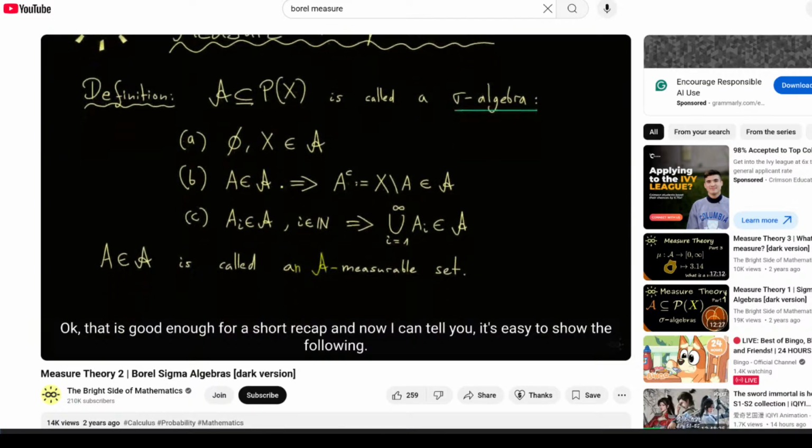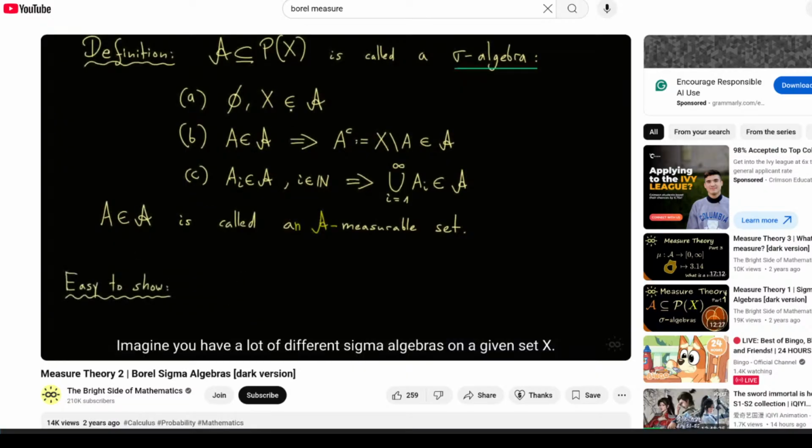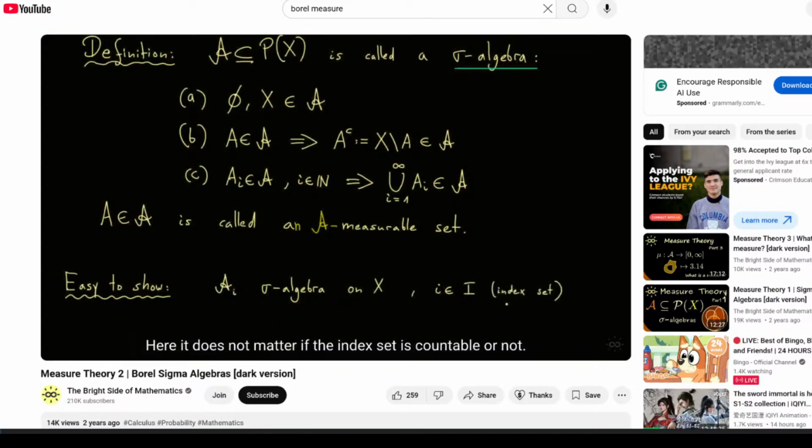Okay, that's good enough for a short recap, and now I can tell you it's easy to show the following. Imagine you have a lot of different sigma algebras on a given set X. Let's call them A_i, where i comes from an arbitrary index set. Here it does not matter if the index set is countable or not.